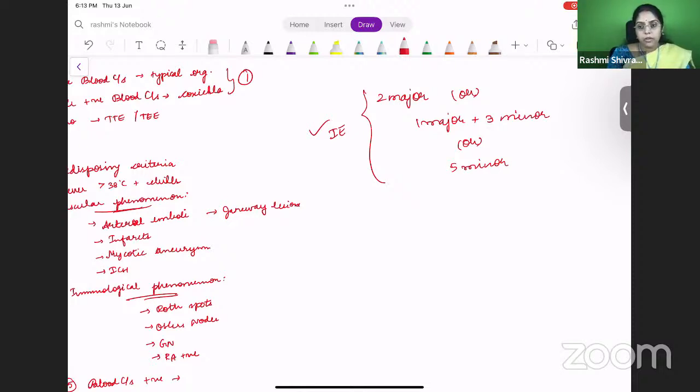One last point that I would like you to remember: when do we give prophylaxis for the patient, to prevent them from developing infective endocarditis? Especially the question will talk about a dental procedure. They will say that the patient is going for a dental procedure. Will you give infective endocarditis prophylaxis or not?